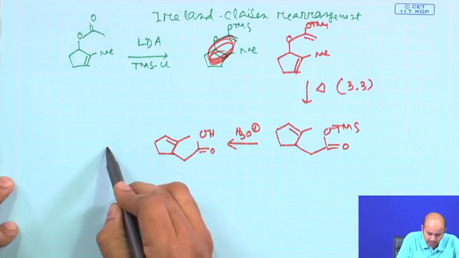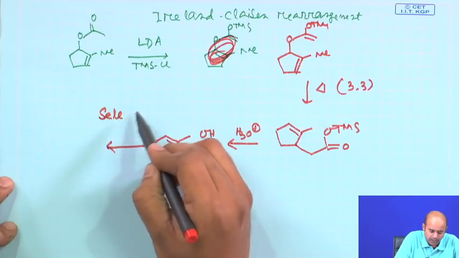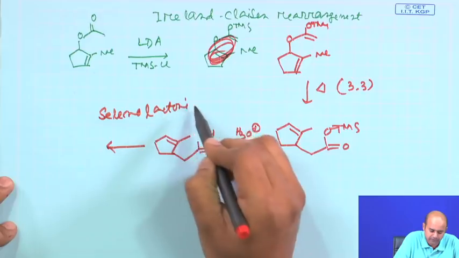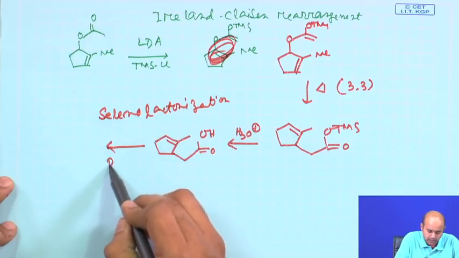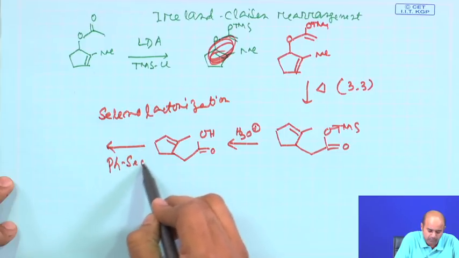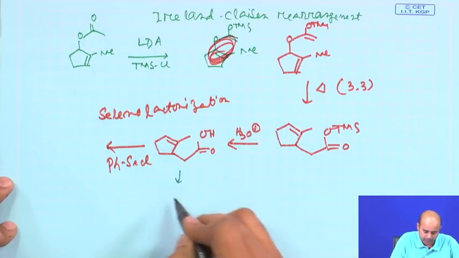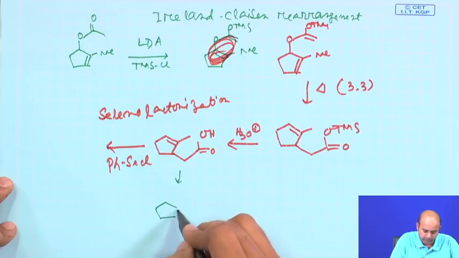We will try another reaction which is named selenolactonization. What is that? We will now subject it to a compound named phenylselenium chloride. It has similar properties to iodo or bromo. It will basically first give you a seleno species.